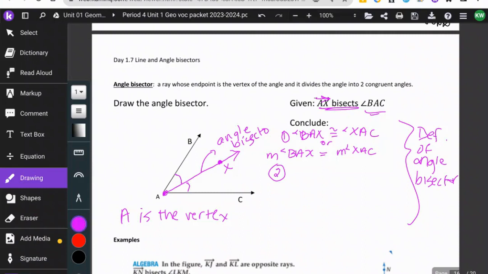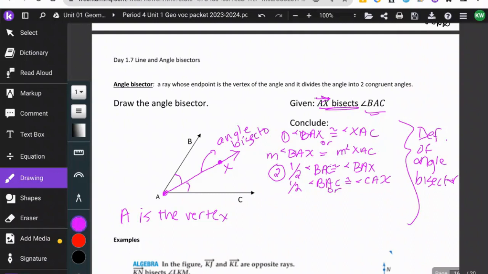We also talked when we did midpoint about the halves idea, right? If the whole angle BAC was 30, then each of those would be 15 because it goes down the middle. So half of angle BAC would have to be congruent to angle BAX, and half of angle BAC would also have to be congruent to angle CAX.